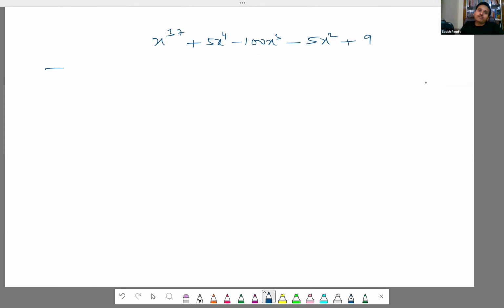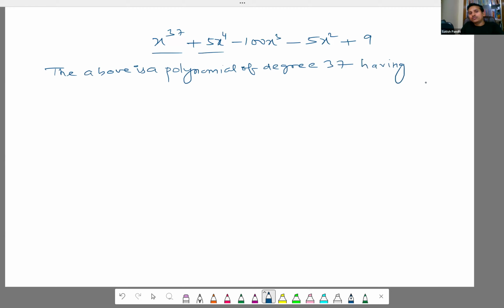So the above is a polynomial of degree 37, having 1, 2, 3, 4, 5 terms. Having 5 terms.